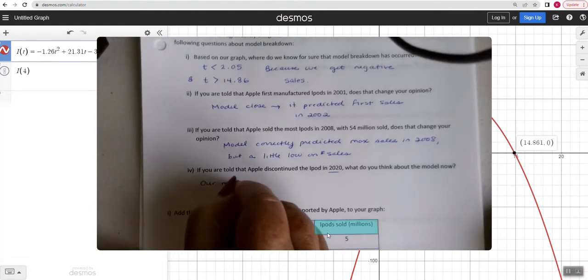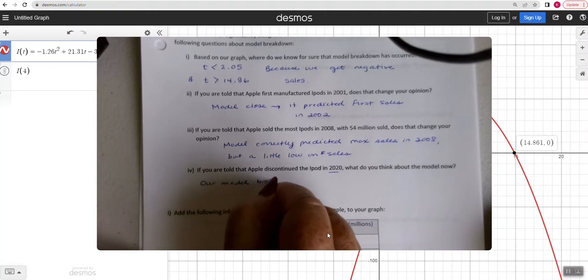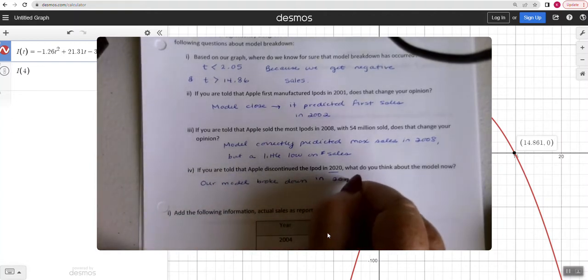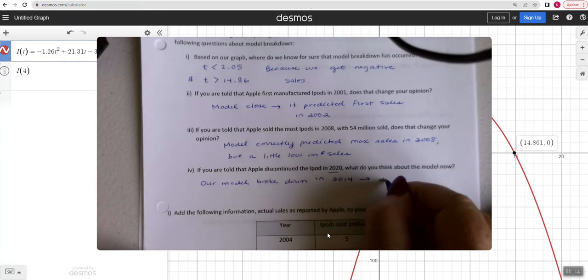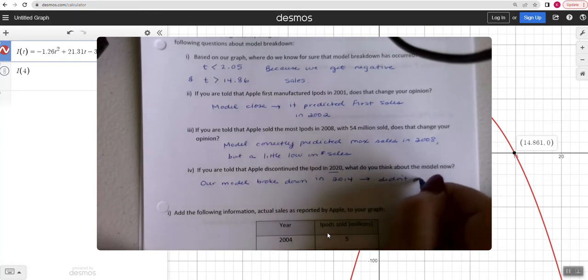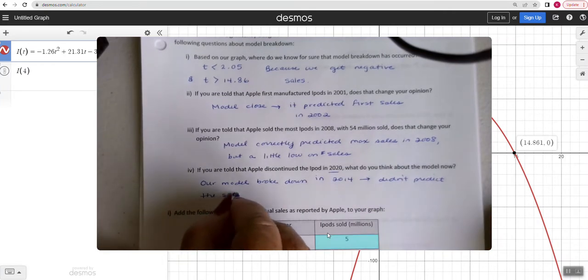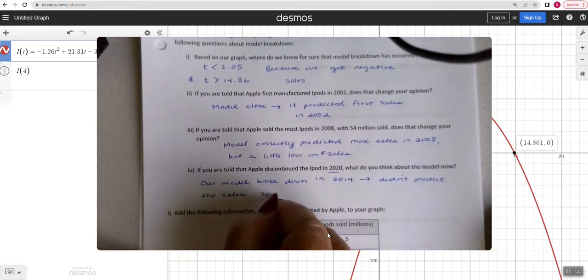So our model broke down in 2014, and we didn't predict the sales from 2015 to 2020.